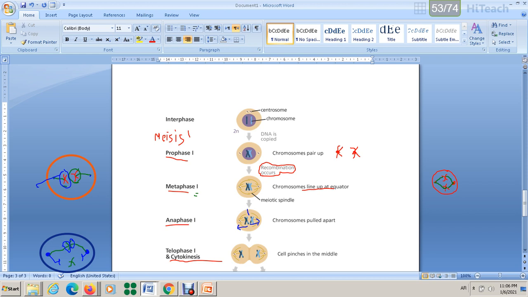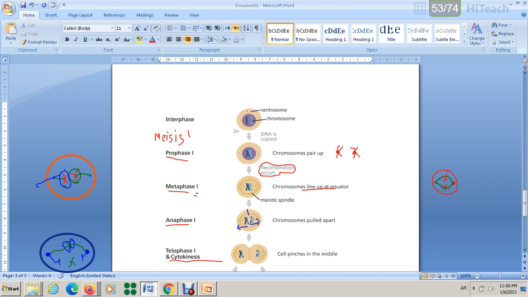Here you have to differentiate. So meiosis 1, again, prophase 1, the chromosomes pair up. Metaphase, here look how they arrange, the chromosomes line up, and the mitotic spindle starts to connect with the whole chromosome. In anaphase 1, chromosomes are pulled apart, the whole chromosomes, not a chromatid as in mitosis.